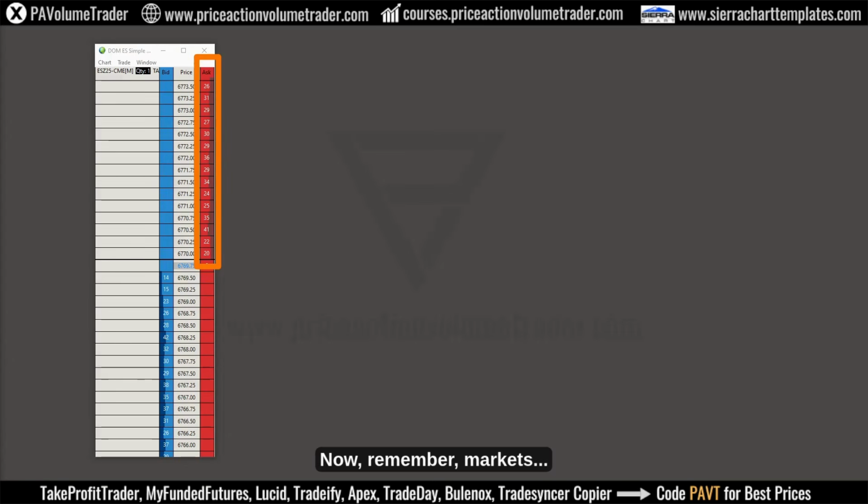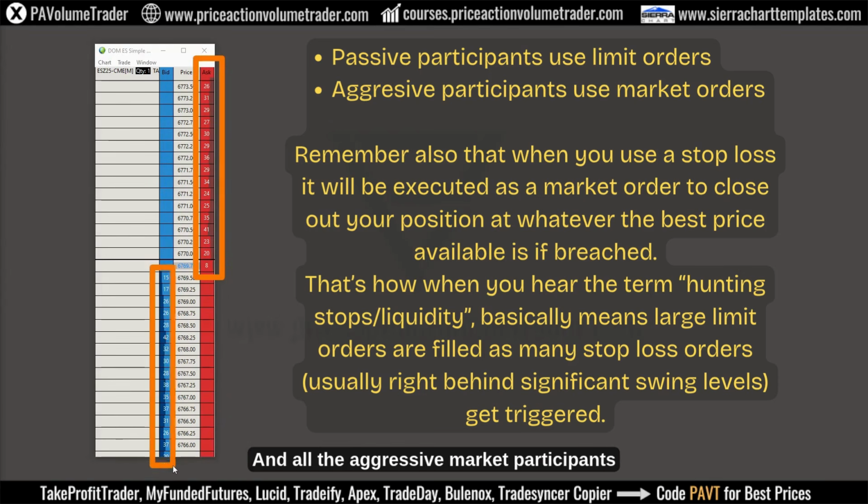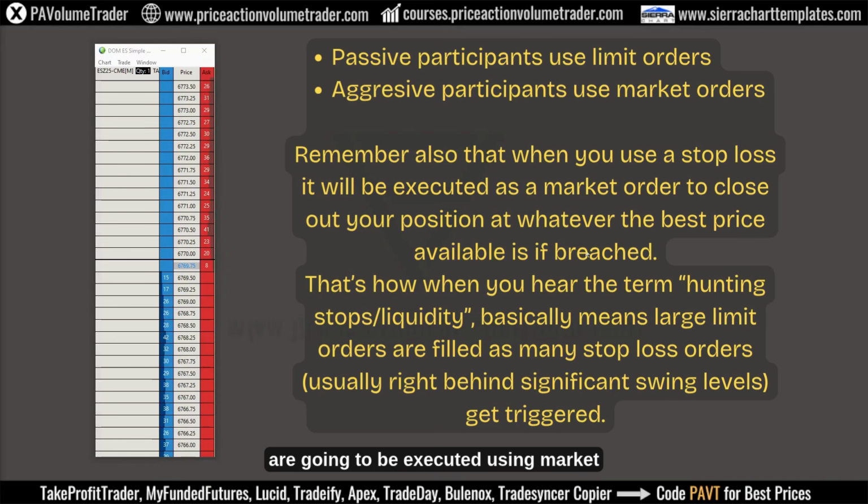Now, remember, markets always need aggressive and passive participants. All the passive participants are going to be using limit orders, which we're going to be able to track here on the DOM, and all the aggressive market participants are going to be executed using market orders.